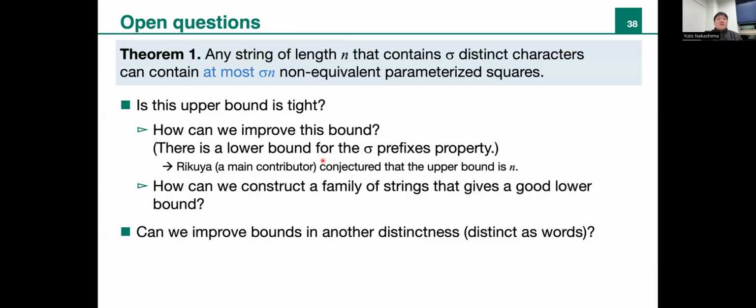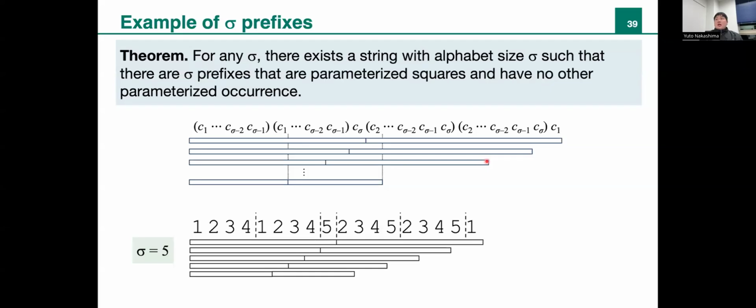But there is a simple lower bound for the sigma prefix property. This is an example. This is a lower bound for the sigma prefixes theorem: for any sigma, there exists a string with alphabet size sigma such that there are sigma prefixes that are parameterized squares and have no other parameterized occurrence.